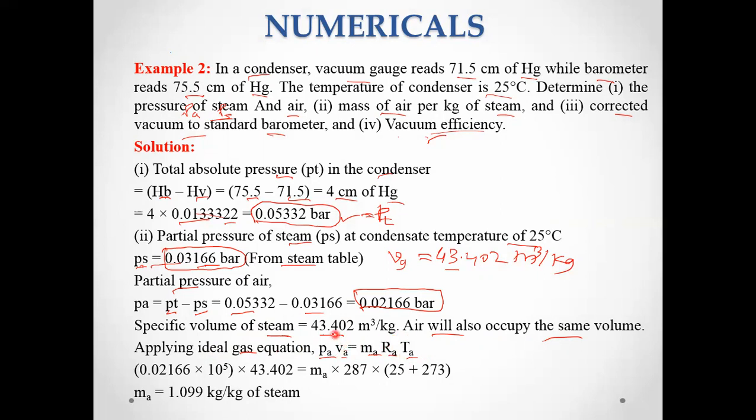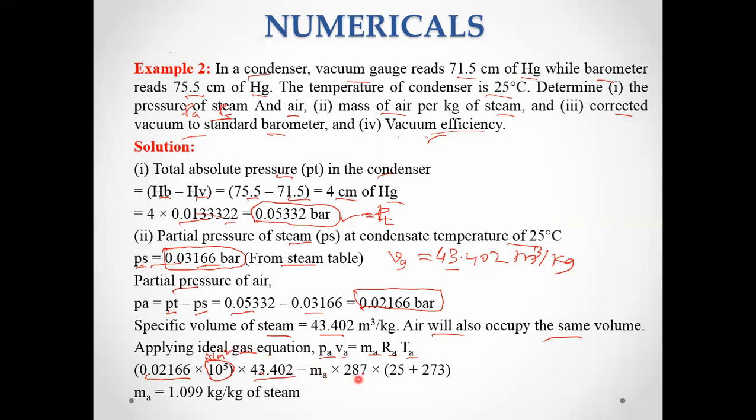Since air will also occupy the same volume as this steam, VA I will take as 43.402, and PA here is for the air, so PA is 0.02166. It is in terms of bar, so I will multiply by 10 raised to 5. So this will be in terms of Newton per meter square.